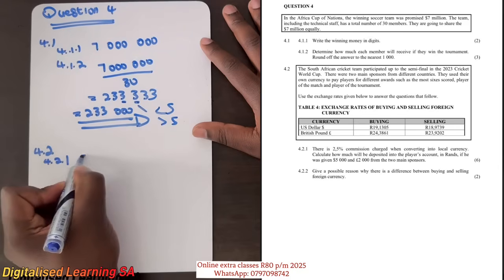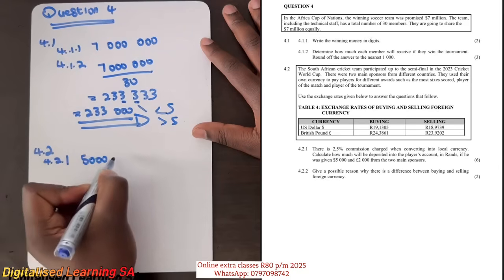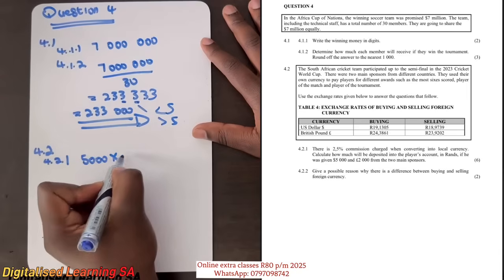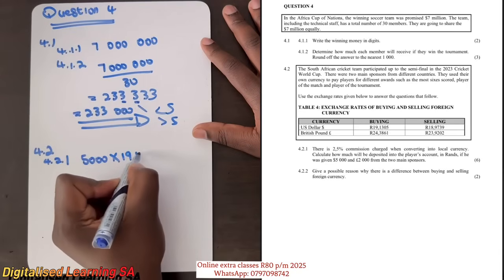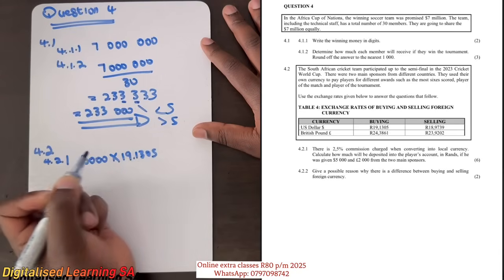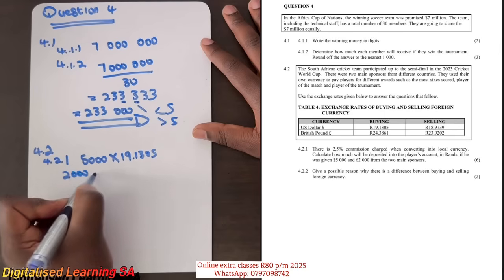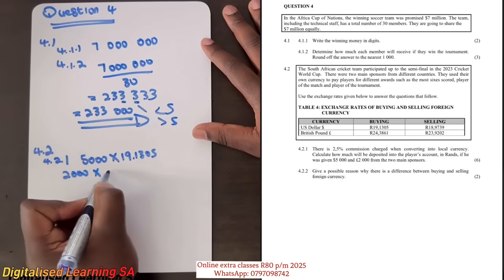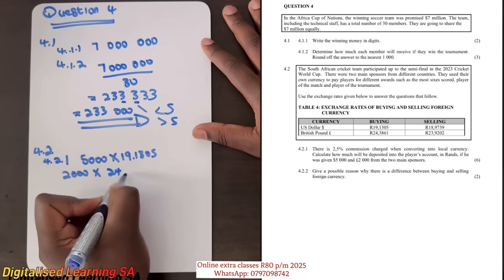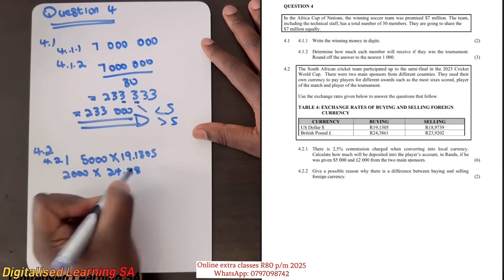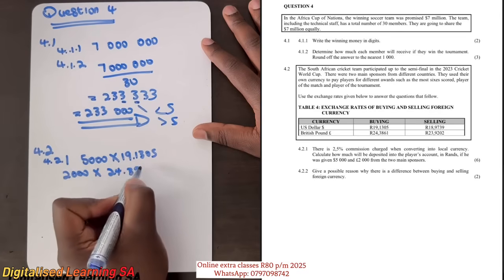So let's first convert the 5,000. It will be 5,000 multiplied by 19.1305. And then now let's convert the 2,000. It will be £2,000 multiplied by 24.3861.